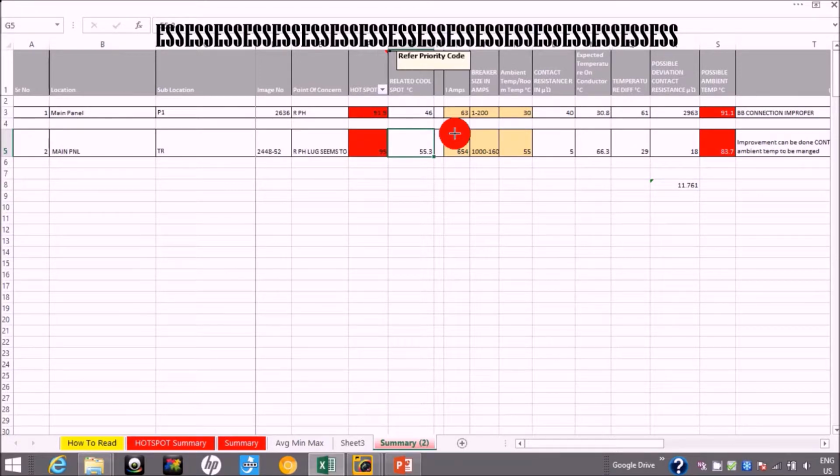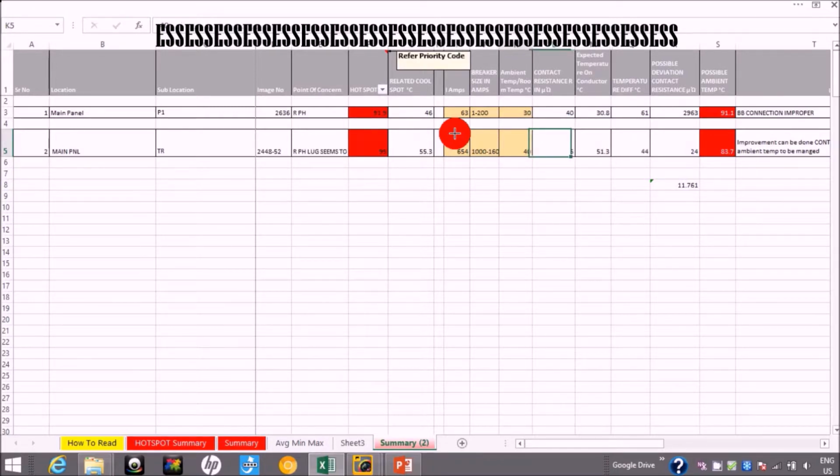Now let's see. Here is the stuff. Now I'm saying the conductor current flowing through all these bus bars and breaker contacts is 654. And what we expect is a 40 degree ambient.